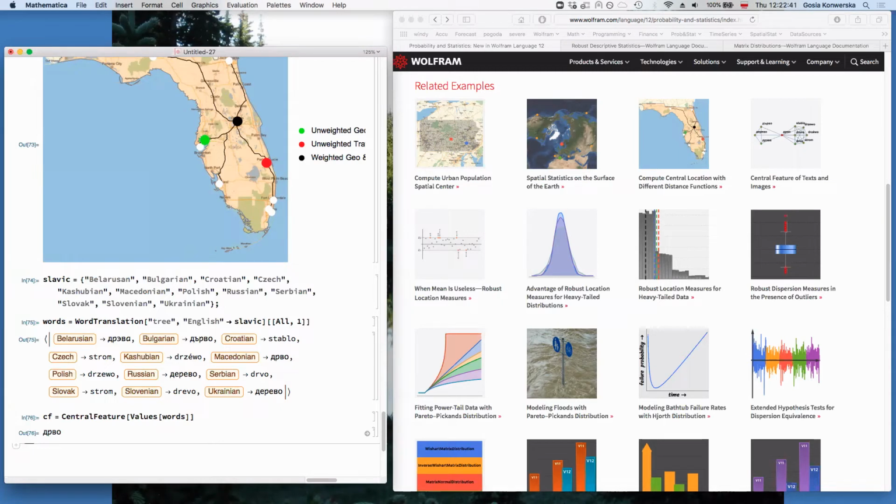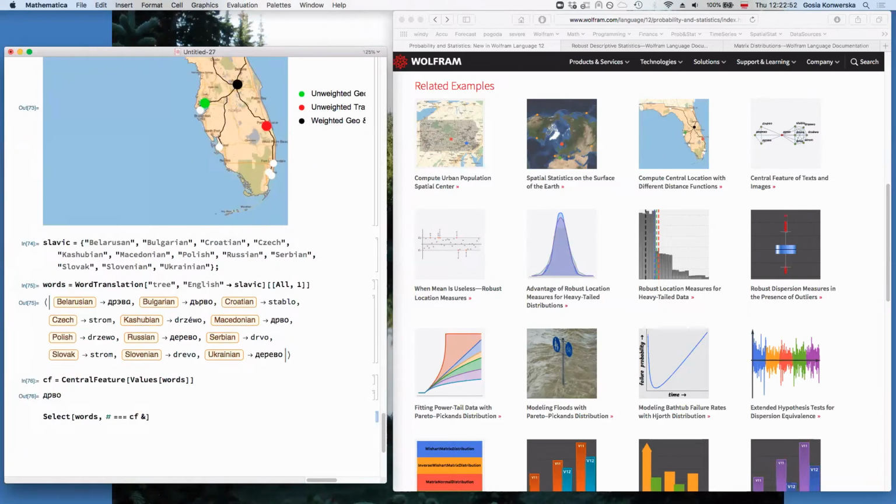For text, it's using edit distance as a distance function. Now this is drvo, and the question is, which language is using that? We can find all the languages that use this word, and this seems to be Macedonian.